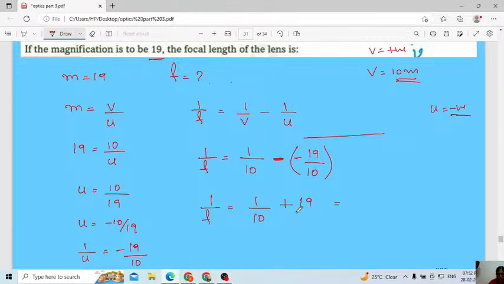Then 1 by 10 plus 19 by 10, that is 20 by 10, the zeros get cancelled. Then 1 by f it will be 2, means f it will be 1 by 2, which is nothing but 0.5 meter. Understood everyone here why I considered the minus sign? Understood?